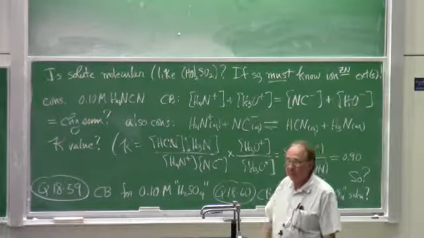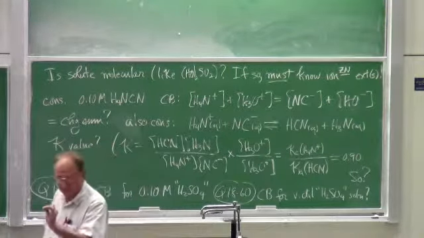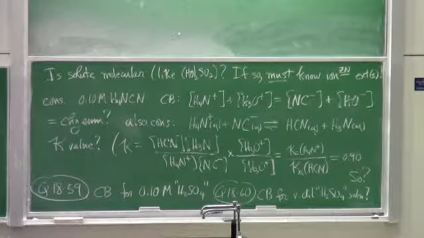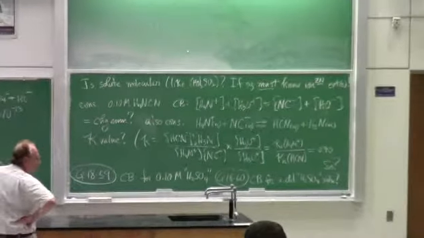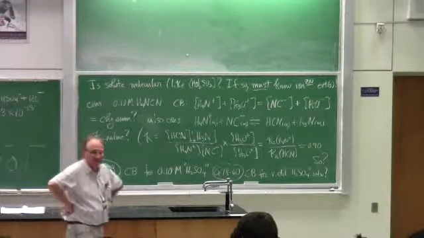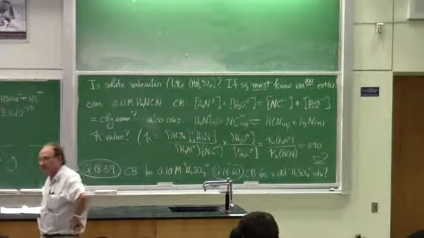Now, I've shown you the K value on the board, but I want you now to take a look at the acid-base table. Are you looking at it? What's Ka ammonium ion? 5.6 times 10 to minus 10.